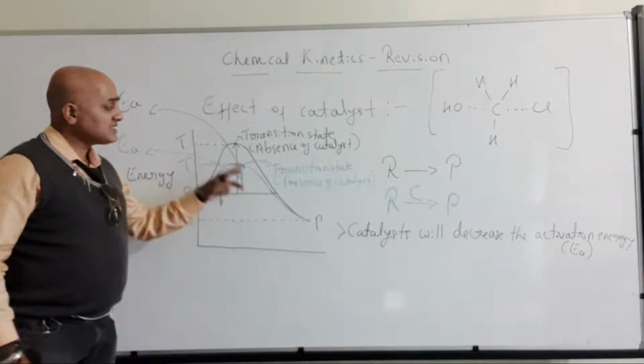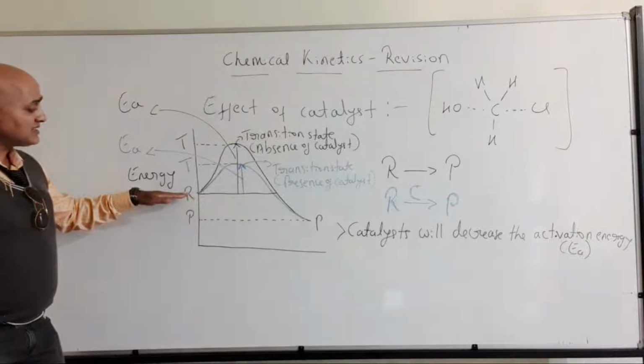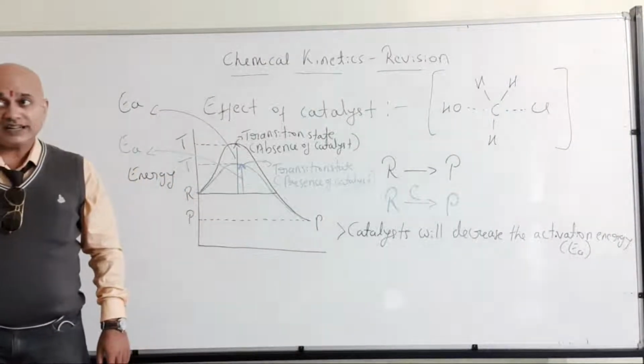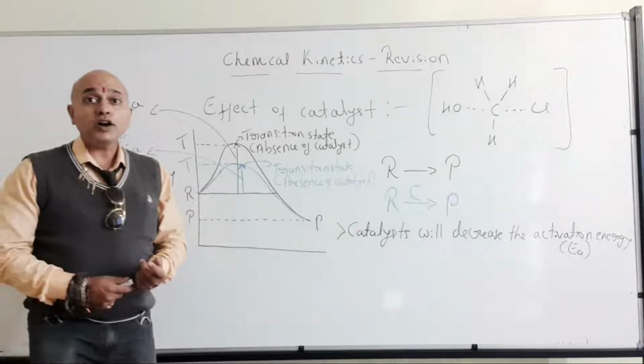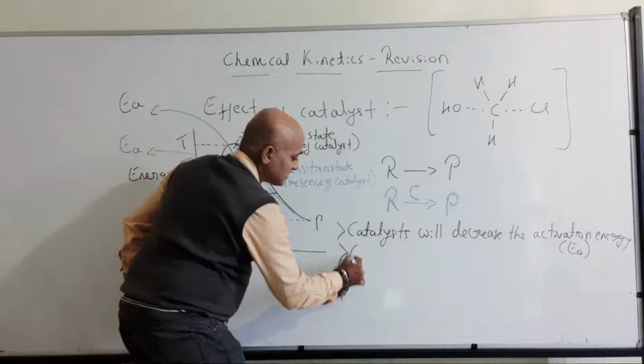And I told this reaction is a spontaneous reaction. Why? Because the reactant is at a higher energy level and the product is at a lower energy level. Now another important statement I will give related to the catalysts.